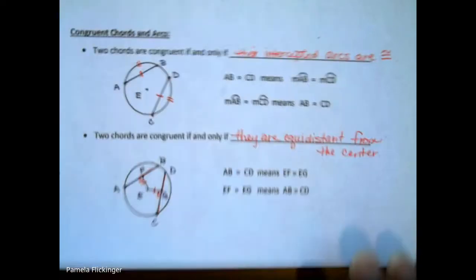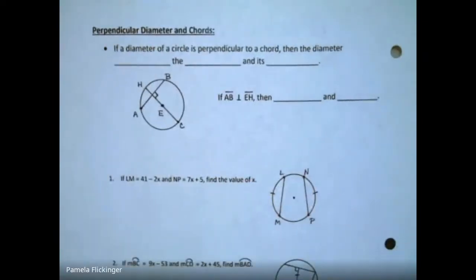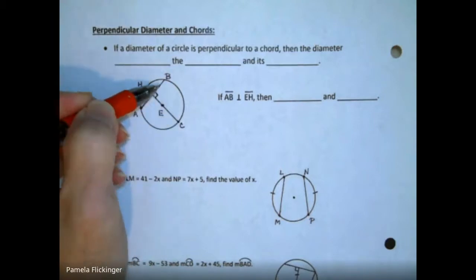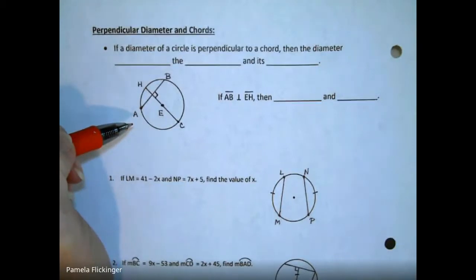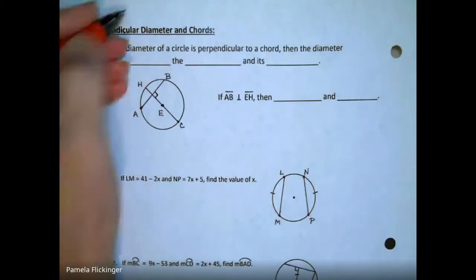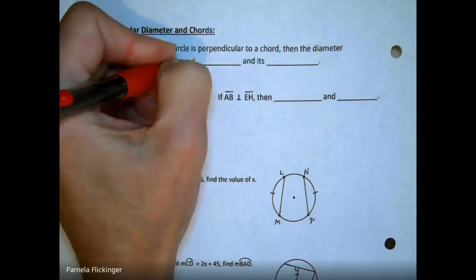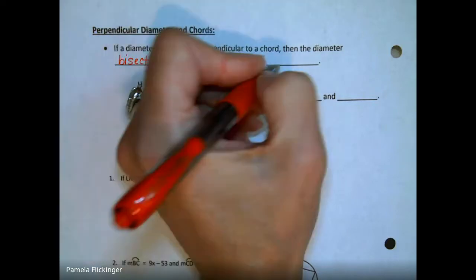Okay, and then the last properties are about perpendicular diameters and chords. So if a diameter of a circle is perpendicular to a chord, then the diameter bisects the chord and its arc.